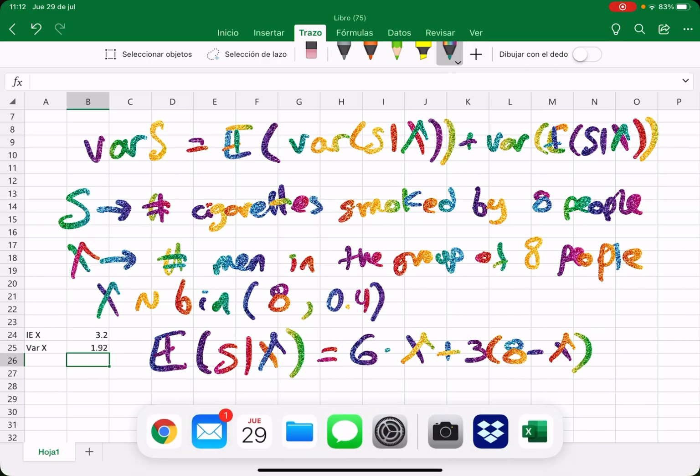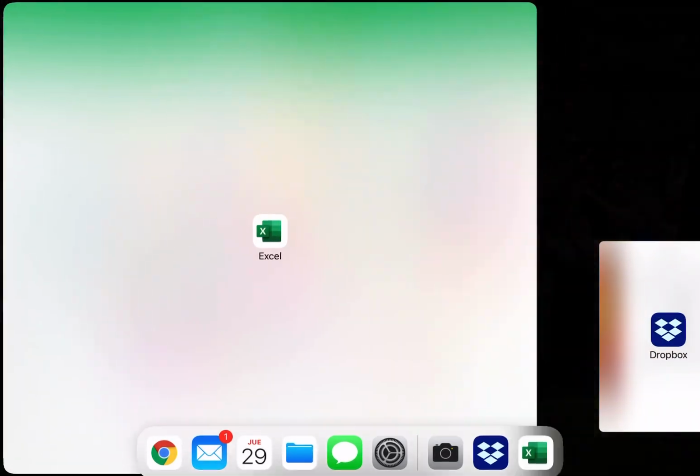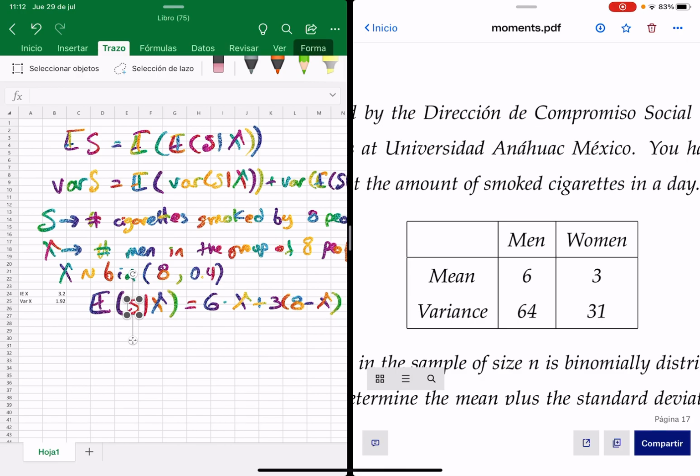Why is this? Well, because we just need to recall that we have this data here, okay? This 6 is just the mean for men, and this 3 is just the mean for women. X is the number of men, and 8 minus X is the number of women, okay? Now, what is the variance of the conditional expectation of S given X?